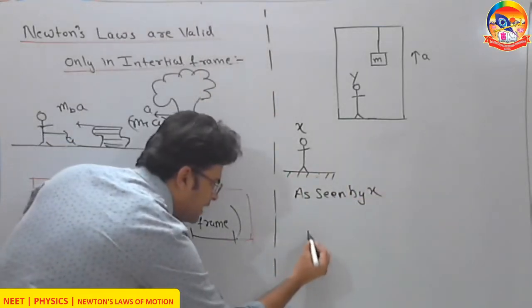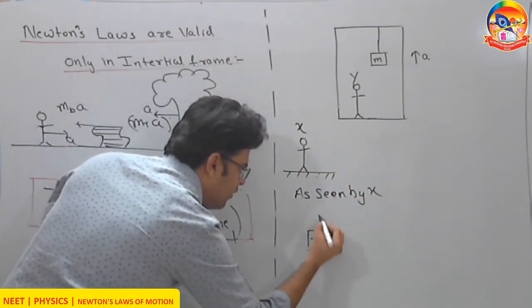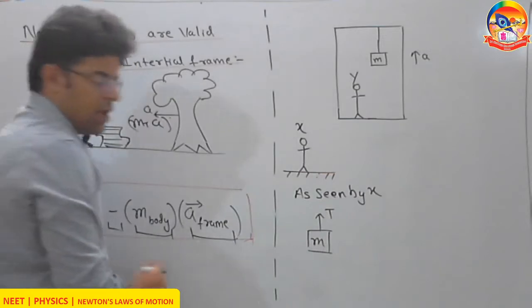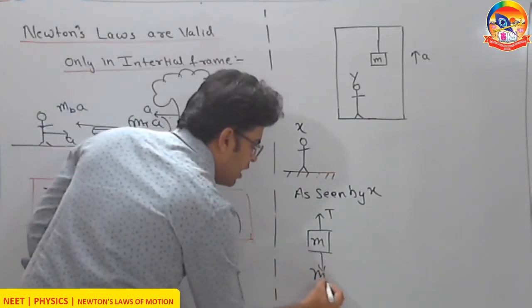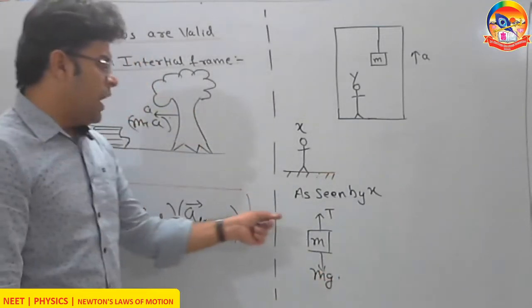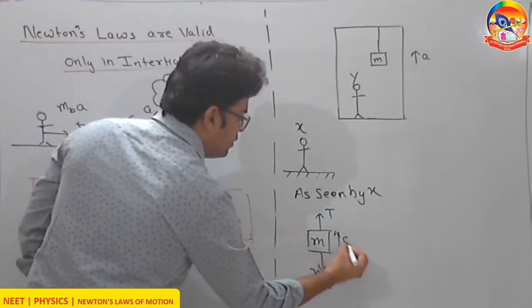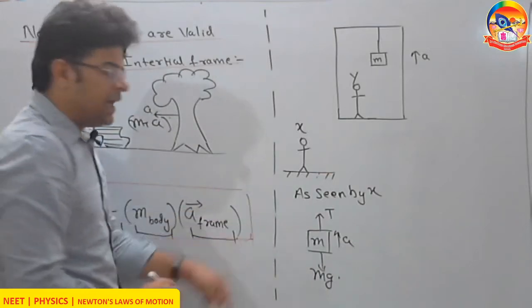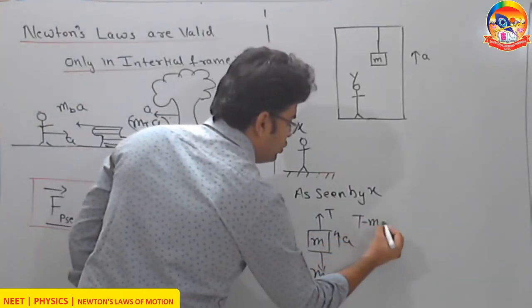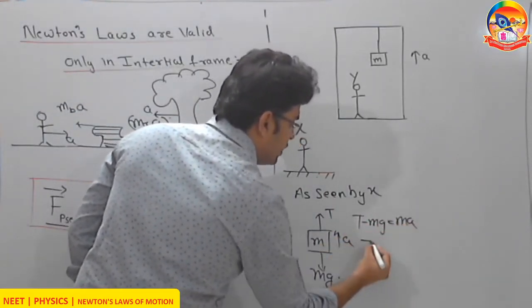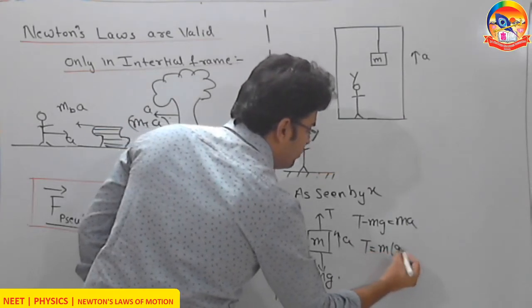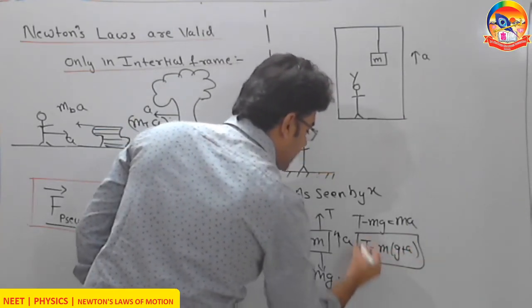The forces acting on this mass will be a force upward T and a force downward mg. X will say, under the influence of these two forces, the block accelerates up with an acceleration a. So the net force in the direction of acceleration, T minus mg, should be equal to ma. So the tension in the string should be m times (g plus a). This is what X will say.